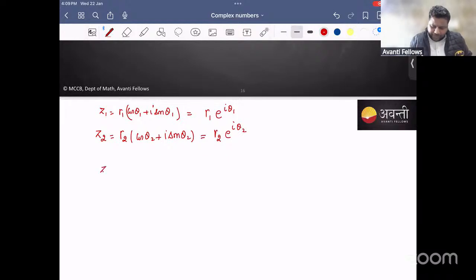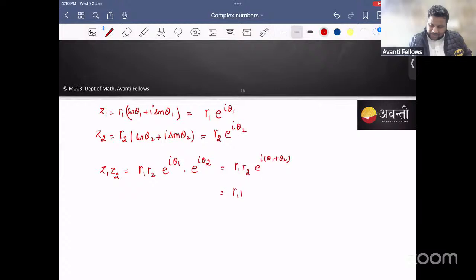Now if I multiply both of them, z1 z2, that would be r1 r2 e to the power iota theta 1 into e to the power iota theta 2. Fair enough? So that is r1 r2 e to the power iota (theta 1 plus theta 2).